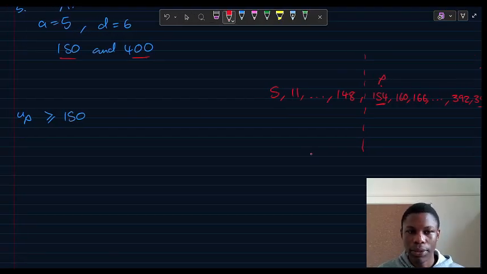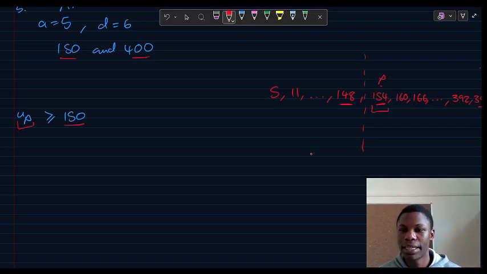So we're saying that the term in this position can be equal to 150. But as you've seen in my example, it may not necessarily be equal to 150, because the term previous to that is 148, which is not 150. So the first term that's greater or equal to 150 is 154. That's why we're not just saying UP is equal to 150, because it may not necessarily be equal to 150.